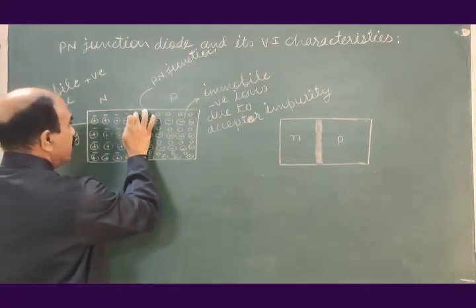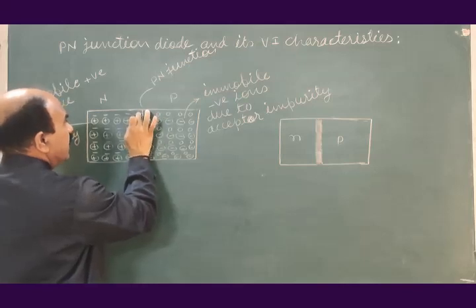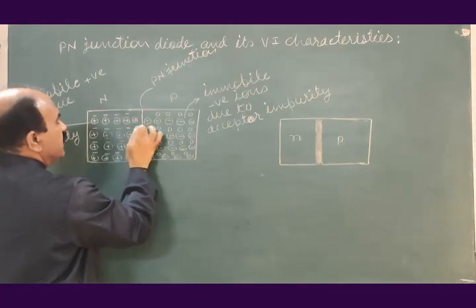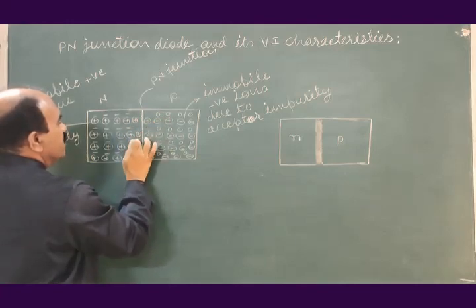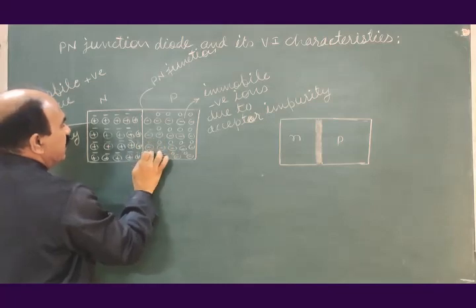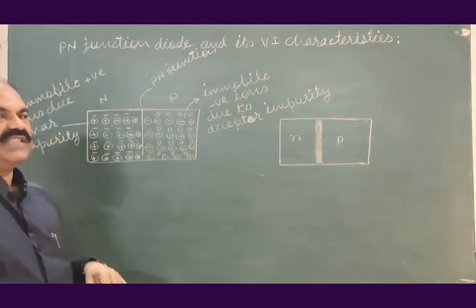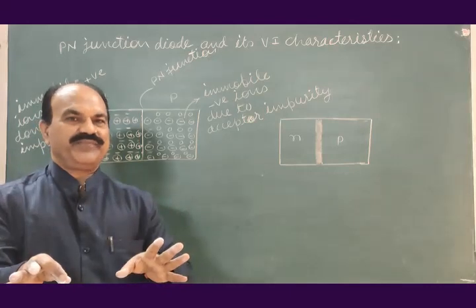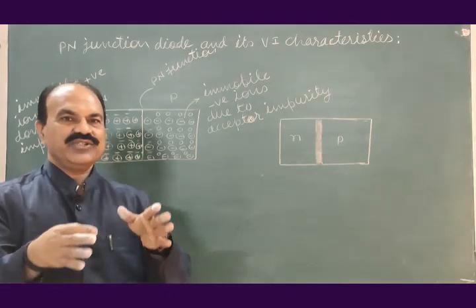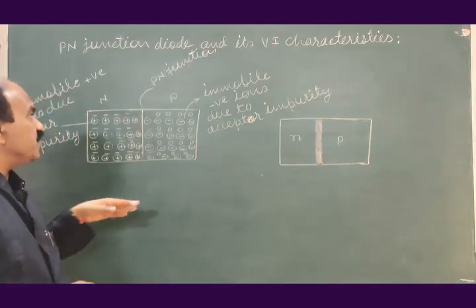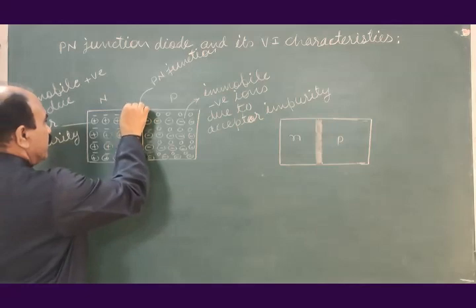These electrons will cross the junction and recombine with these holes. After recombination of the hole and electron, it will be neutral. So these electrons will disappear, and these holes will disappear.